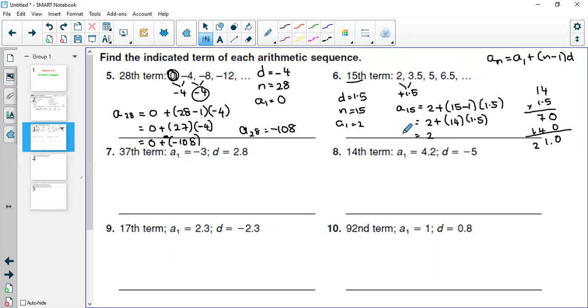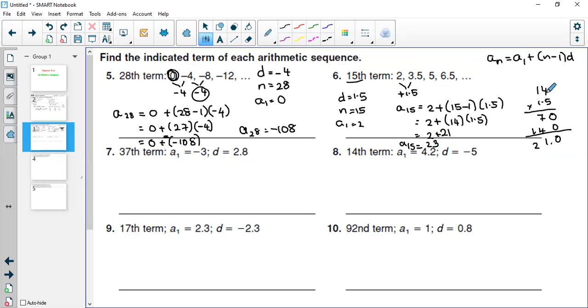So the answer is 21. 14 multiplied by 1.5 is going to give you 21. So 2 plus 21 is going to give you 23. So a sub 15, the 15th term in this pattern, is going to be 23.